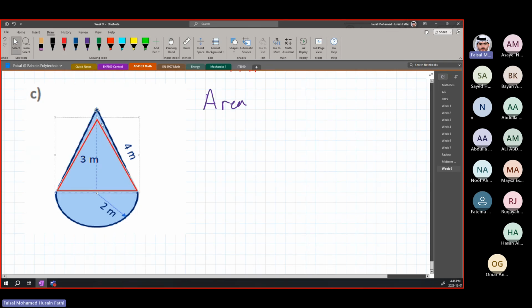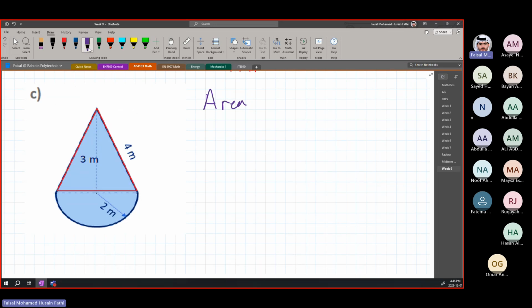We have this triangle here, and we have the semicircle at the bottom. Okay, so area 1, A1, area of the triangle, which is equal to base times height over 2.